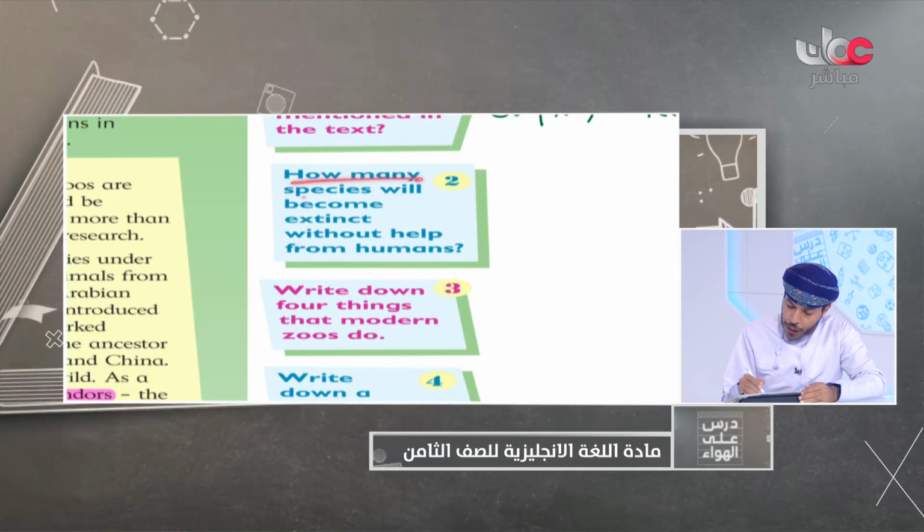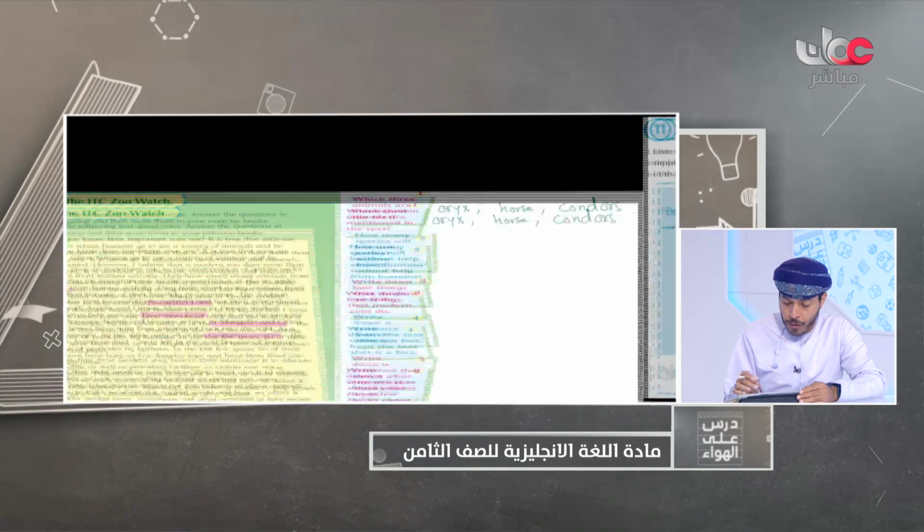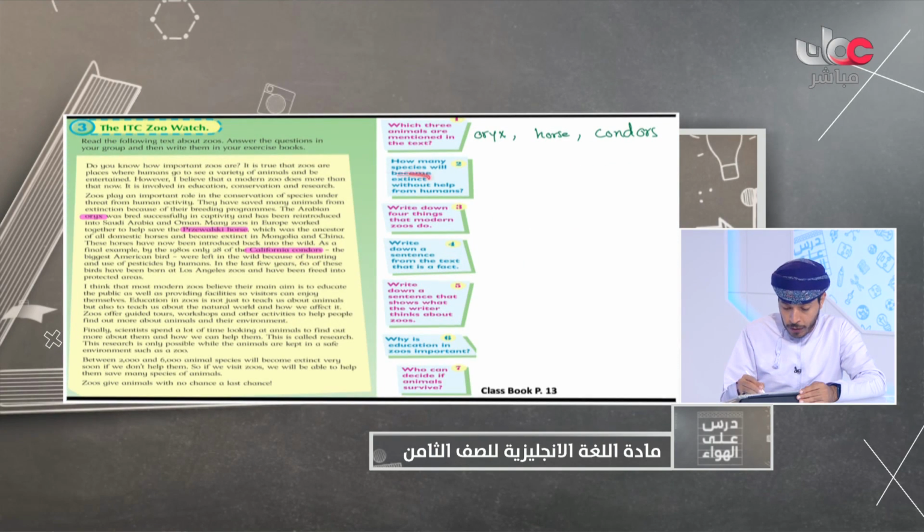How many species, like kinds or types of animals, okay? How many species will become extinct without help from humans? So we know the word extinct. If you remember it from the previous lesson about animals that are living on our earth.